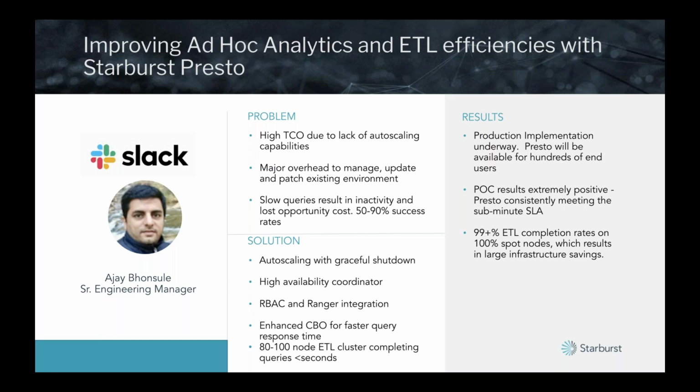Having a high availability coordinator was another thing put in place so that the uptime of that infrastructure was higher and able to process a larger number of users without interruptions. Some security aspects were added into their infrastructure so they can manage security and access to data much better. And then finally, through the enhanced cost-based optimization, their queries were running much faster than before.